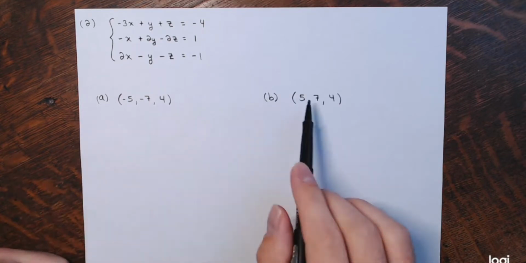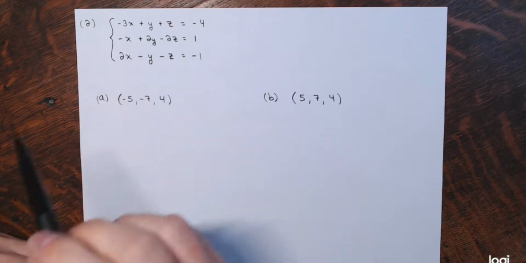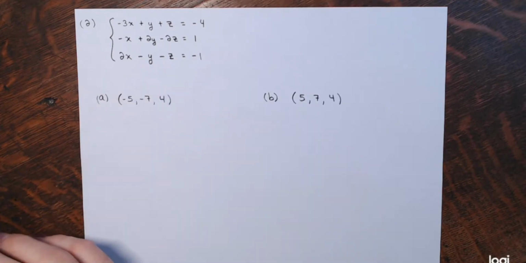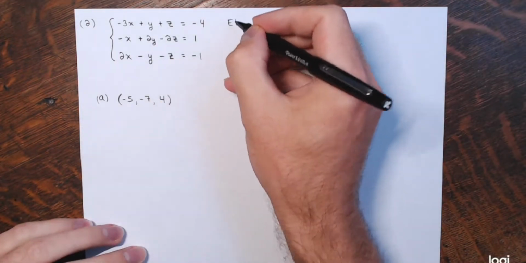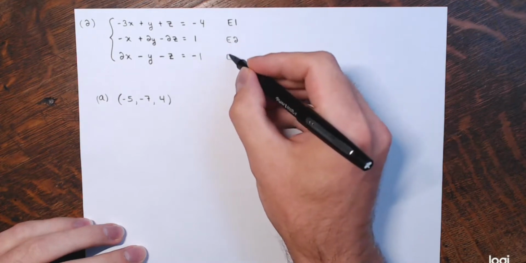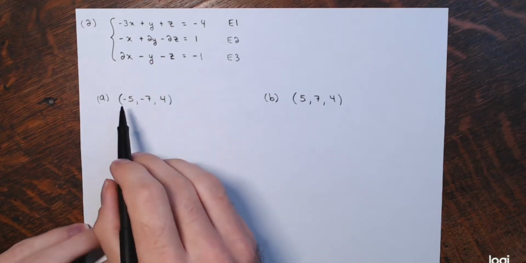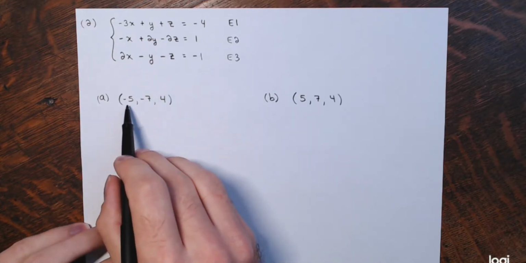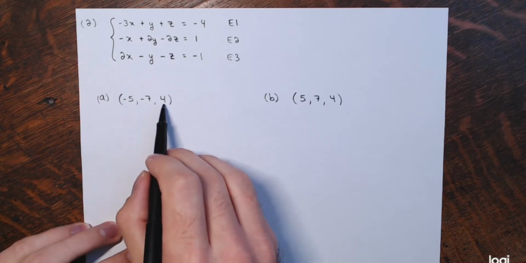And I'm given 2 ordered triples to check, is this a solution of this system? So again, I'm going to call the top equation E1 for equation 1, E2, and E3. Equation 1, 2, and 3. The first ordered triple we're given is negative 5 for x, negative 7 for y, 4 for z.